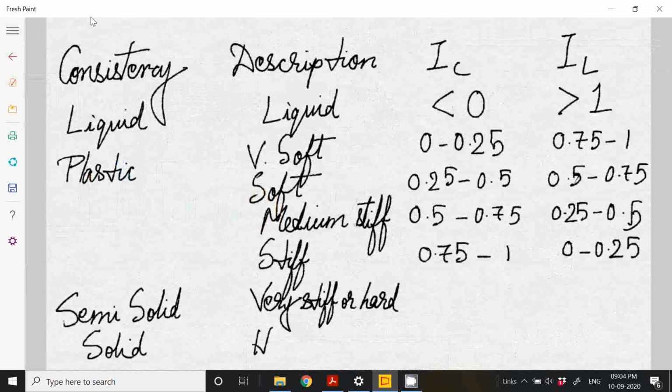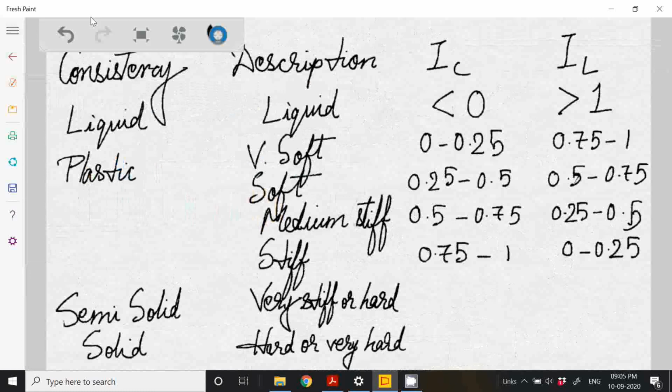Then for solid, the description will be hard or very hard. For both of them, consistency index is greater than 1 and liquidity index is less than 0.